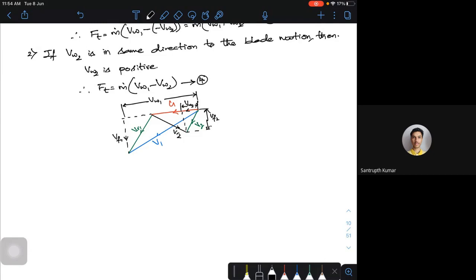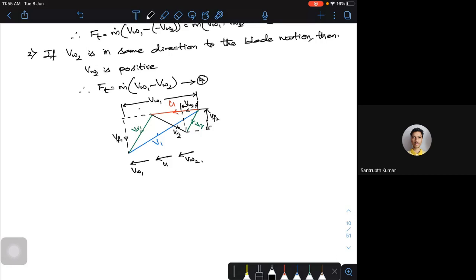For this particular case, Vw1, U, as well as Vw2 are all in the same direction. So for each condition, you can draw the velocity triangle and justify what you are trying to do.